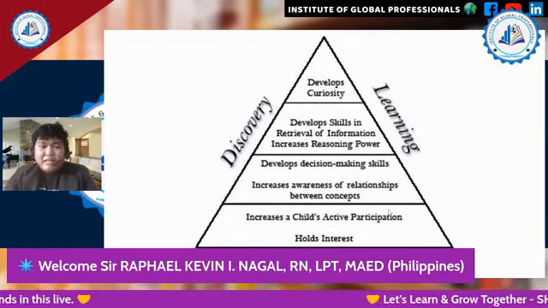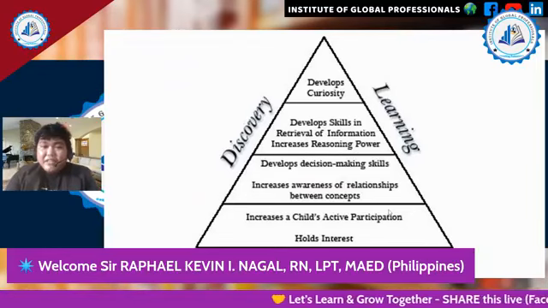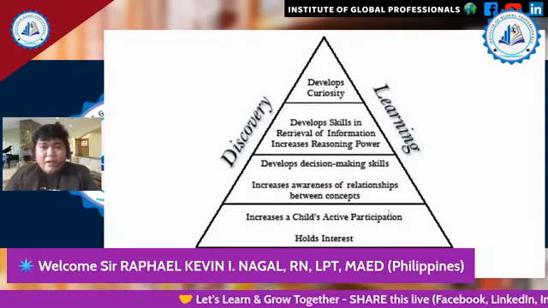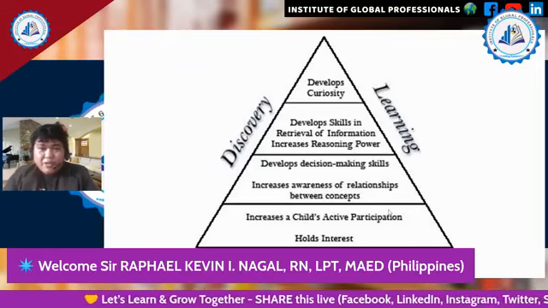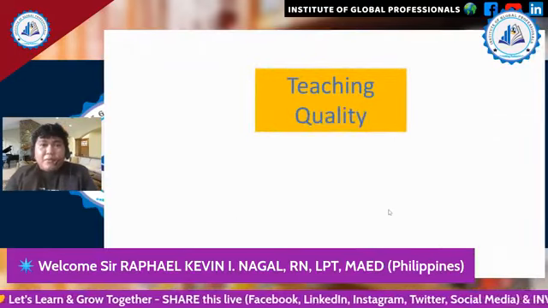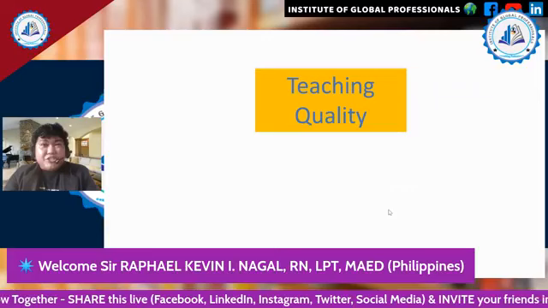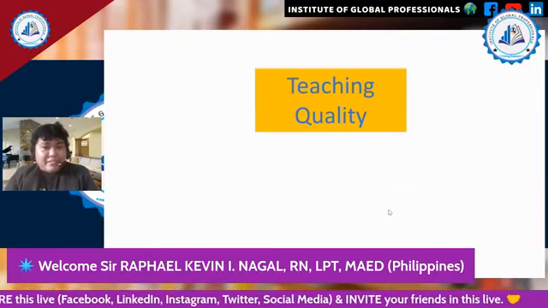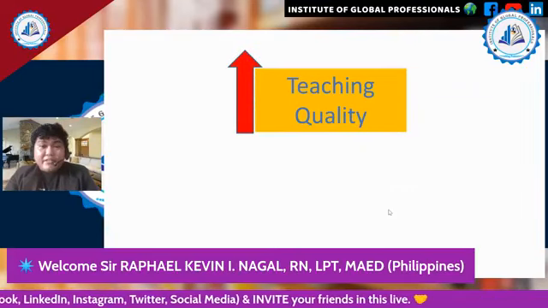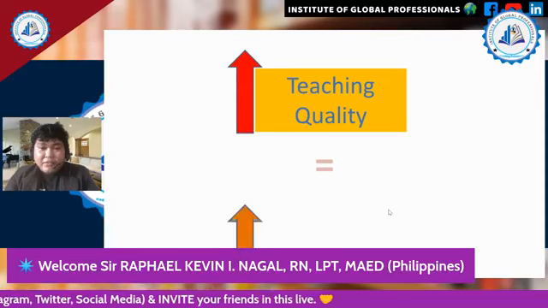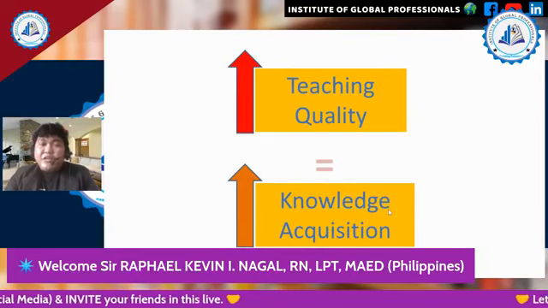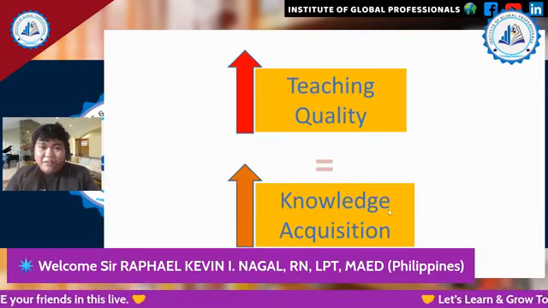All of these, guided discovery and guided learning, interact with one another. When you are doing such a strategy, this will enhance teaching quality. And when there is good teaching quality, of course, knowledge acquisition is also better.